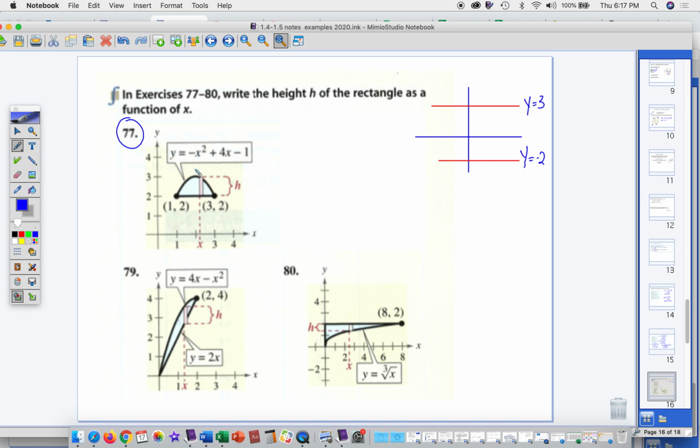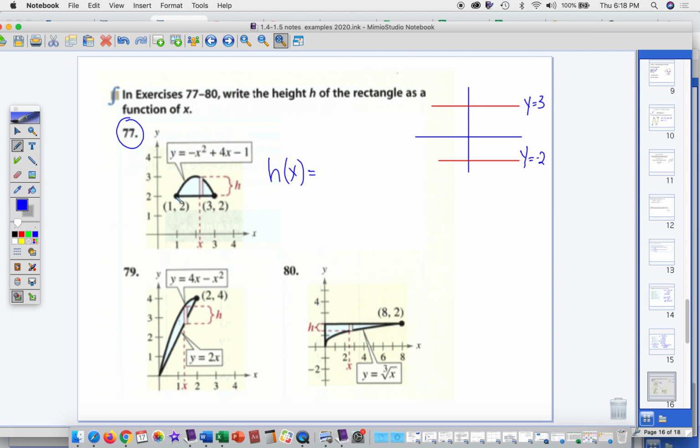We're doing the same thing here, except for every value along this function, the y value is going to change, right? It's not constant like it is here. So we can't come up with a specific number, but we can come up with a function, h of x, that would represent the height of any rectangle within this enclosed space.